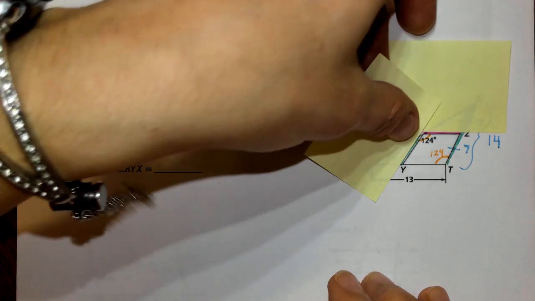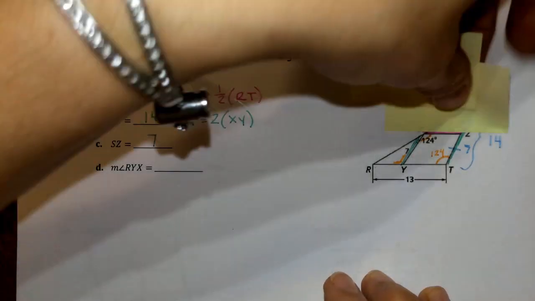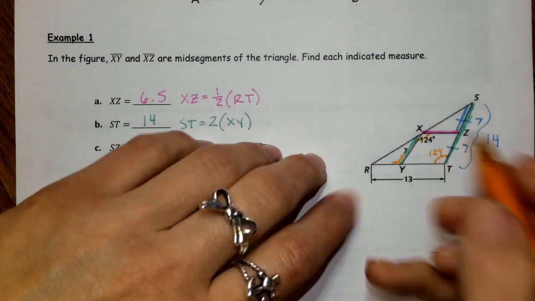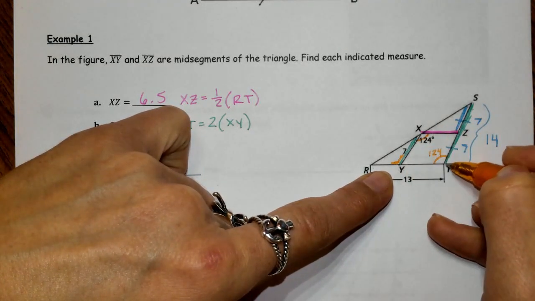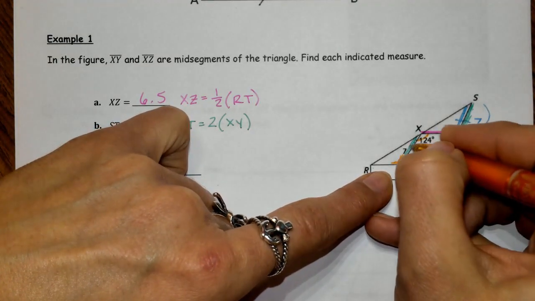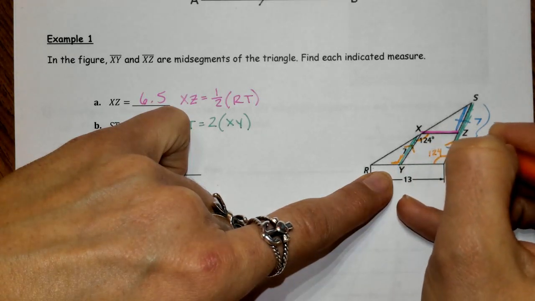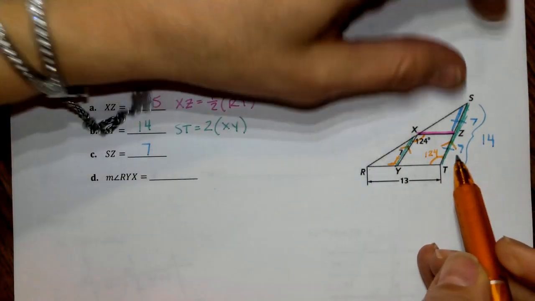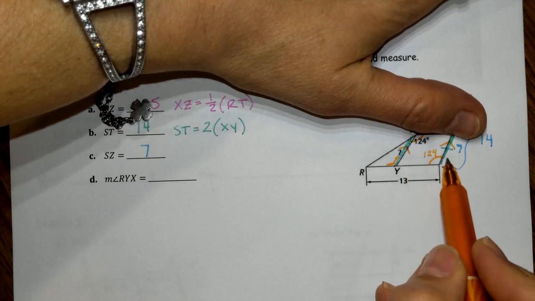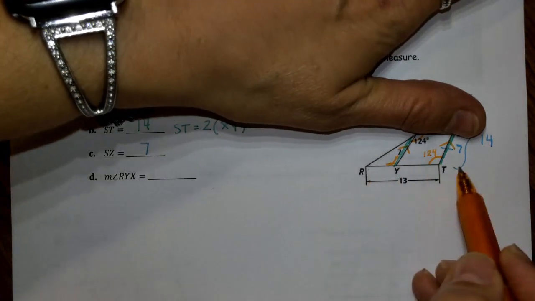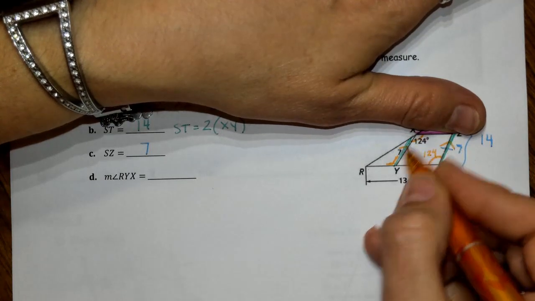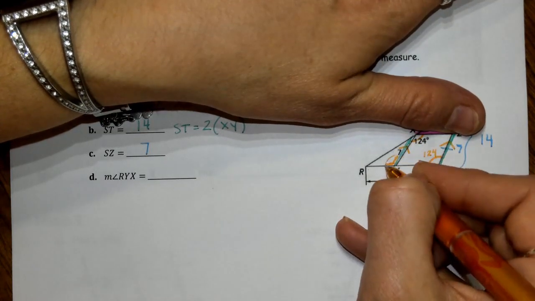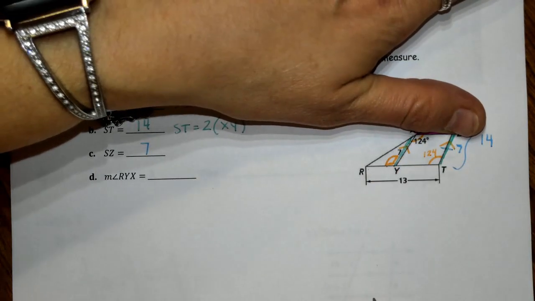The next thing we need to take a look at is, because mid-segment YX is parallel to the third side, TS, we have parallelism right here, right? If we look at these two lines as being parallel and this being the transversal, at angle T and at angle RYX, we have corresponding angles.